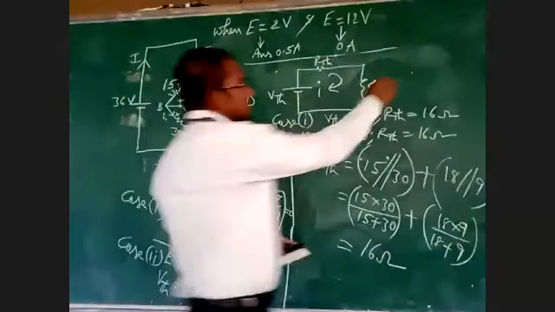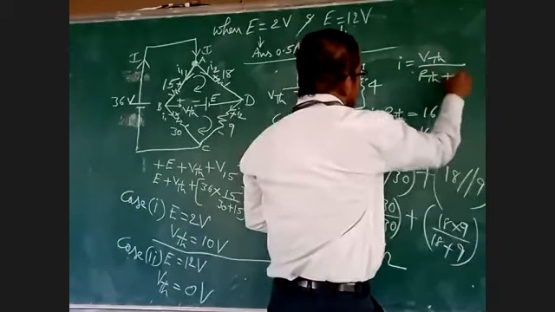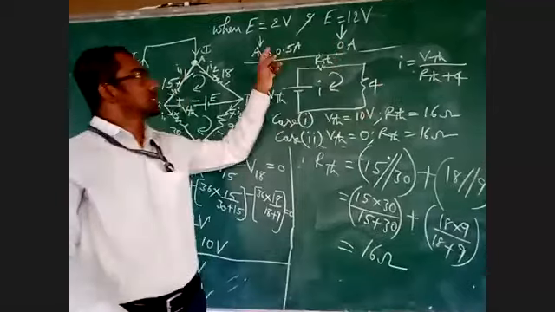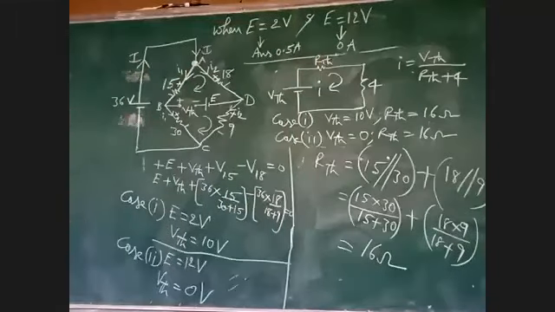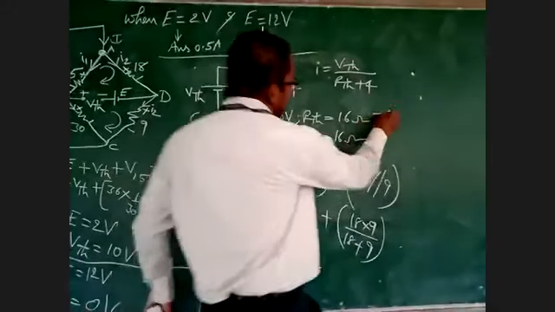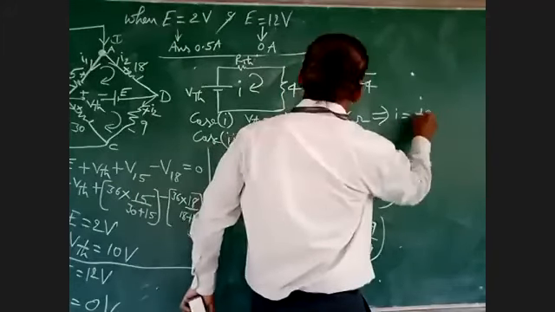Now determine the current. I is equal to VTH by RTH plus 4. In the first case, 10. In the second case, see the answers, we have to get 0.5 and 0. In the first case, you have to get 0.5 ampere.